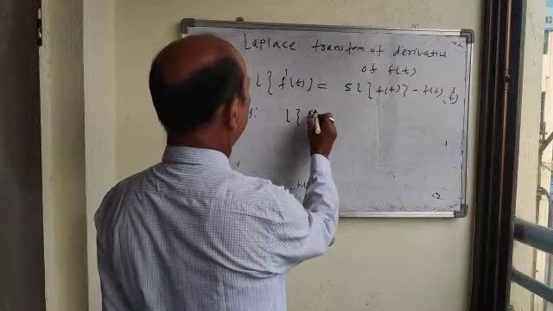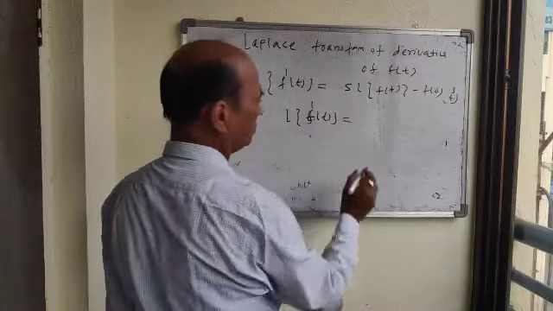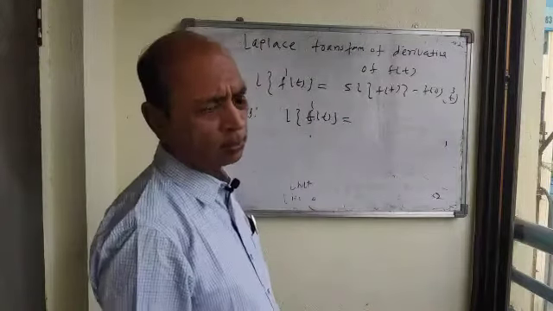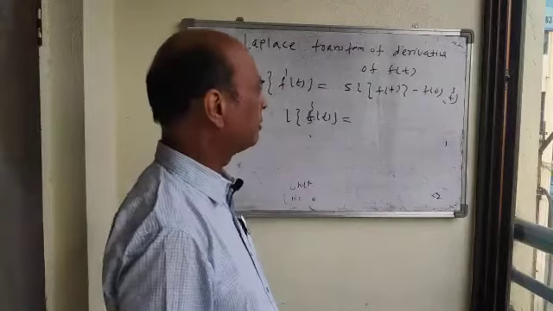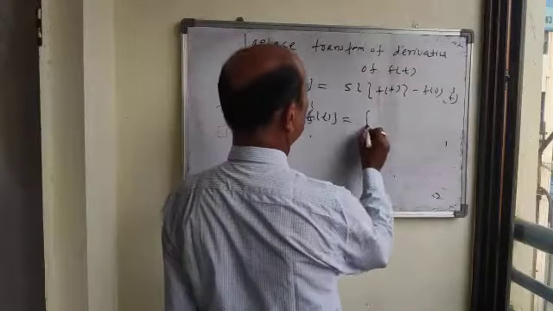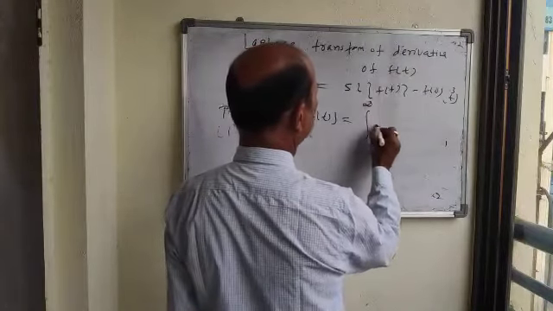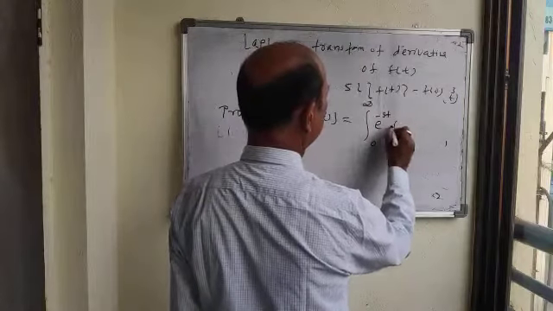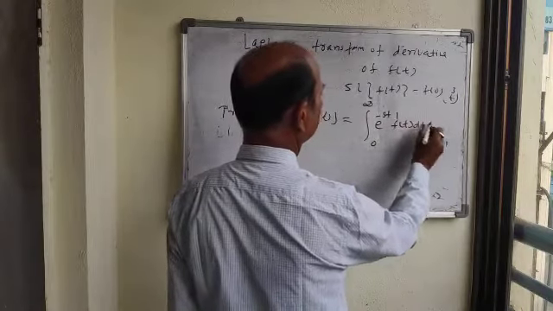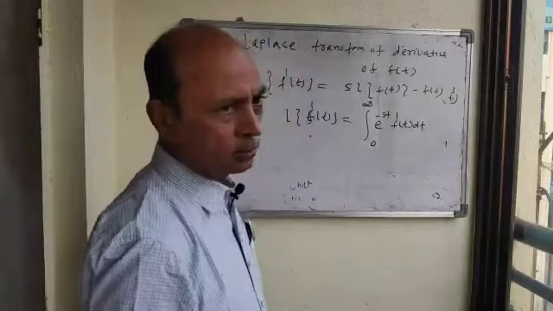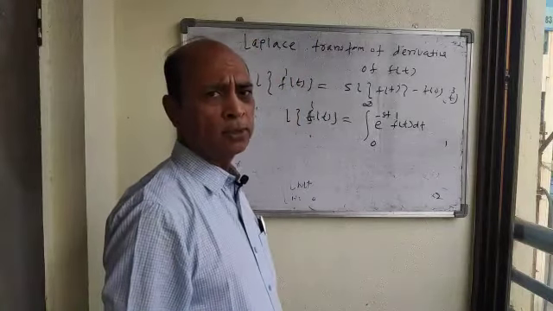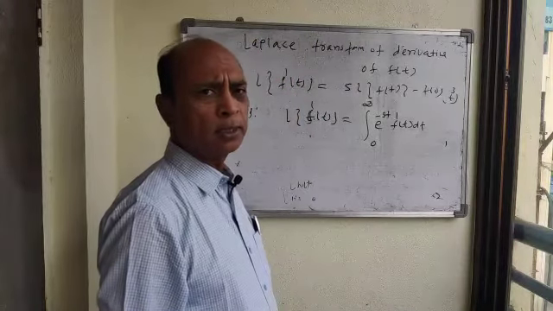L of f dash of t. According to our formula for the Laplace transform, that is equal to the integration from 0 to infinity of e to the power minus st f dash of t dt. Now here we can use integration by parts.